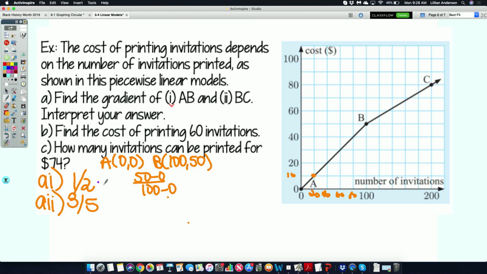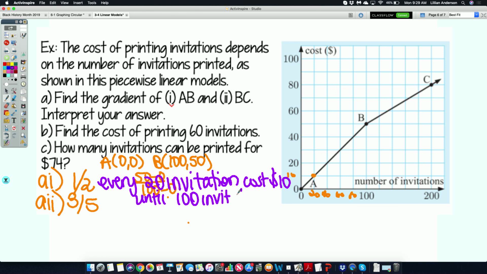So, for every 20 invitations, it costs, is it 10? Yeah, it's $10. Up until when? 100. Until 100 invitations.